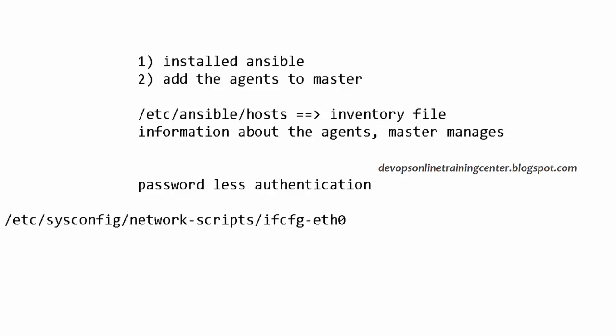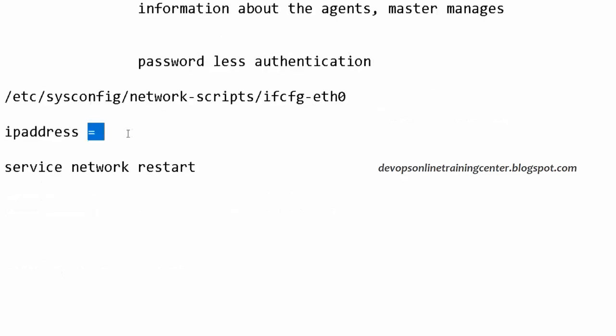There is something called the IP address tag. There you need to change it, and then run service network restart or networking restart. This will restart the network, and the new IP address will be assigned to the machine. This is permanent. If you do this, the IP address will be permanently assigned to this machine.